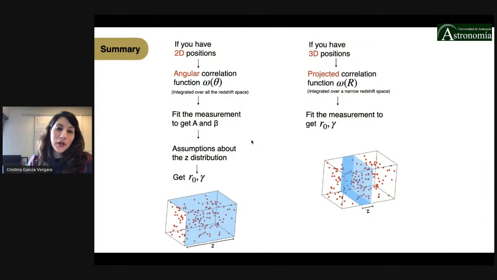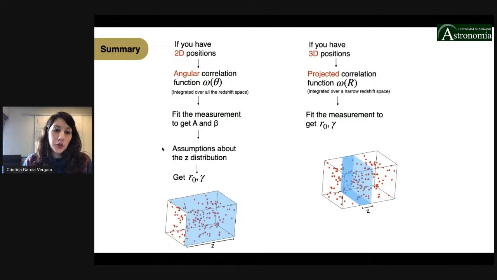Okay, then just to summarize what we have talked about so far, we normally have two cases in astronomy to measure the correlation function. If we have only 2D positions of the sources in the sky, which is the more common situation, we can measure the angular correlation function. Then we have to fit this measurement, which gives us the parameters A and B that are our observable quantities.